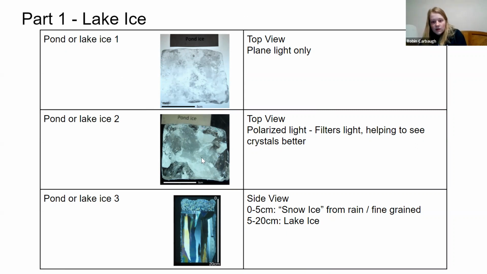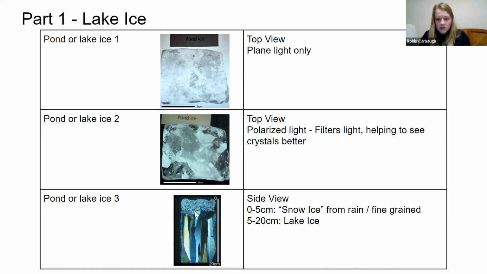And then the second one is called polarized light, which is filtered light, which kind of helps see individual crystals. Geologists usually do this for rocks, but we can do it with ice too. And you can see it already has different colors. We can see more of the shapes in the ice under polarized light versus just plain light.